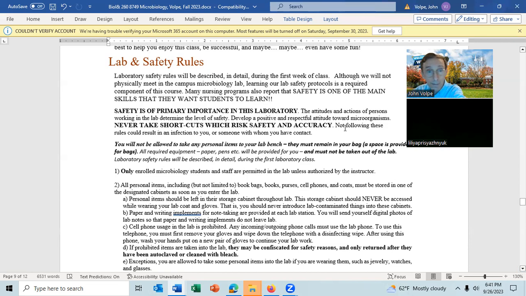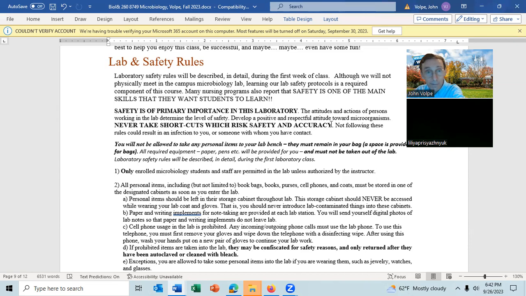We're not going to physically meet on campus, but learning the lab safety protocols is required. And many nursing programs report that safety is one of the main skills that they want their students to learn from microbiology. Safety is of primary importance in the microbiology lab.